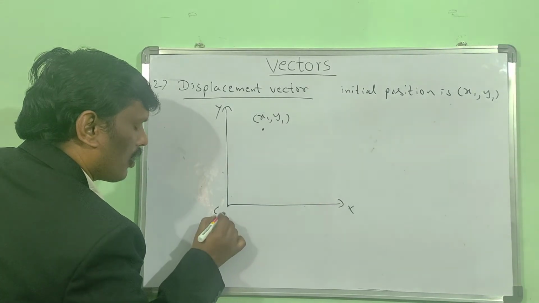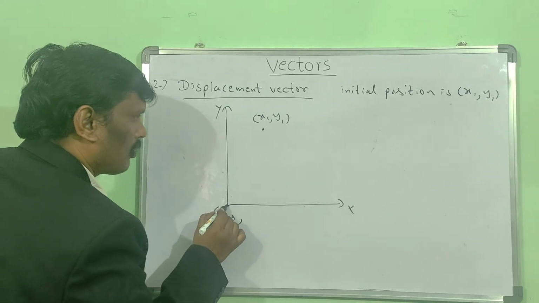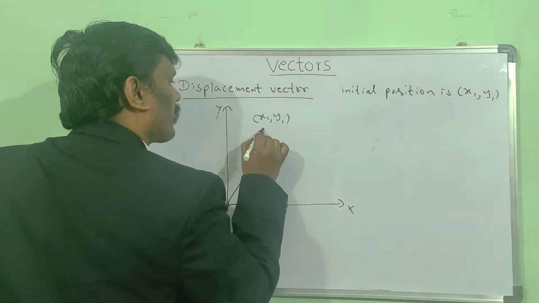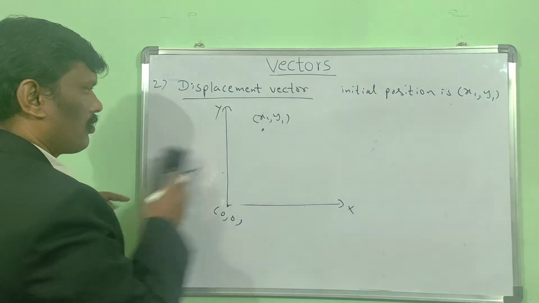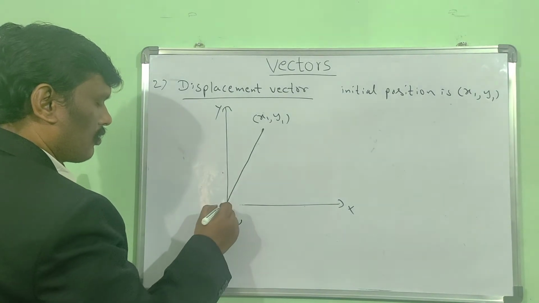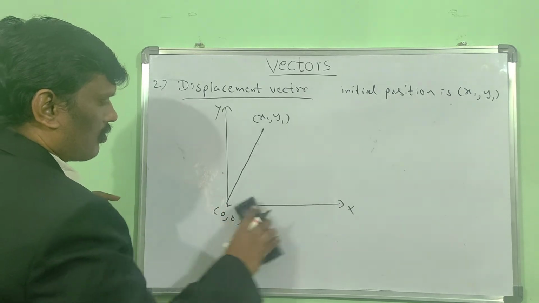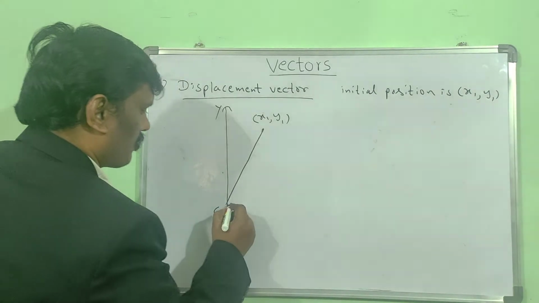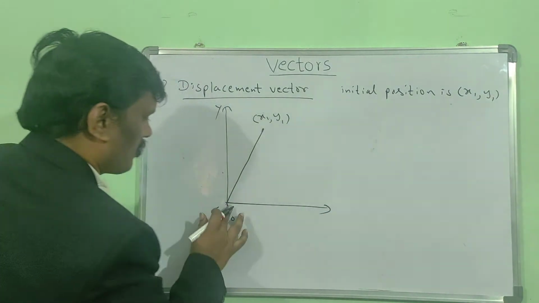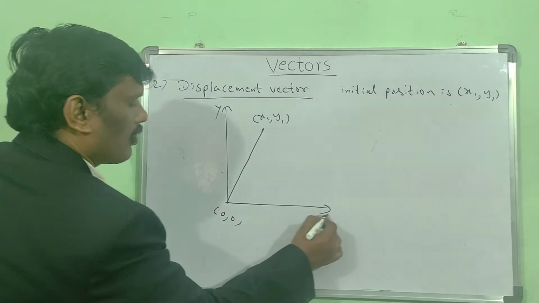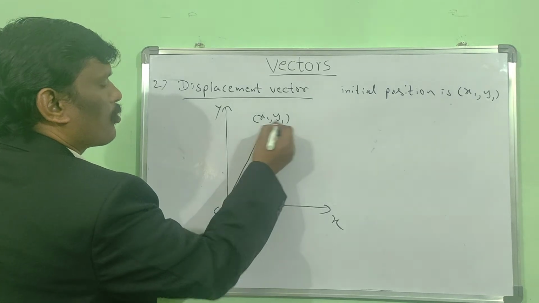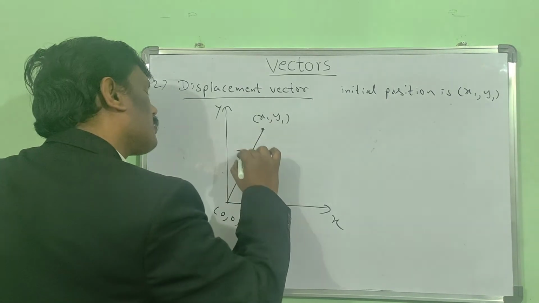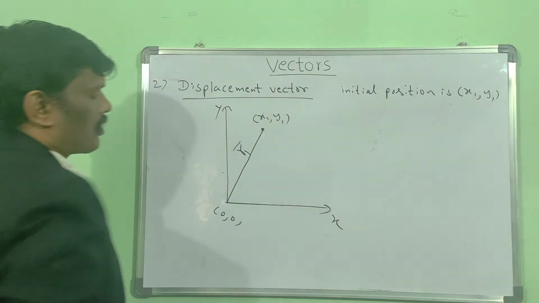From the origin I need to write the position vector. So this is the position vector now, from the origin, the initial position of the object. I am going to consider this the r1 bar position vector.